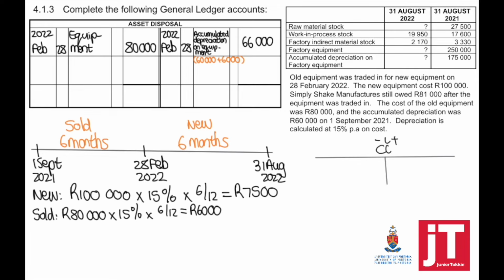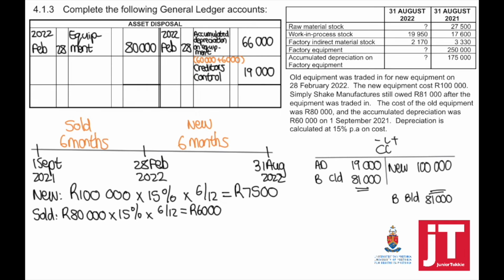To find out the selling price, because that's our next step, they said to us that the new cost 100,000. We still owed 81,000, which means that if I take 100,000 minus 81,000, because we traded this in, it means that our selling price was 19,000.